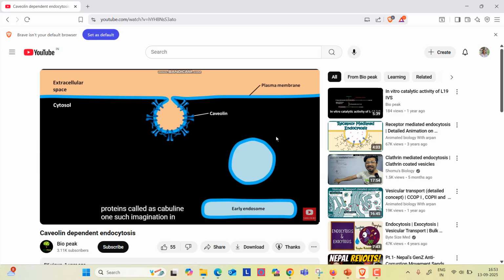In the earlier case, this was the clathrin protein, and now this is the caveolin protein. Okay. Then this causes release of the endocytic vesicle from the plasma membrane into the cytosol. This is the endocytic vesicle. Right? Now this is becoming the caveosome.